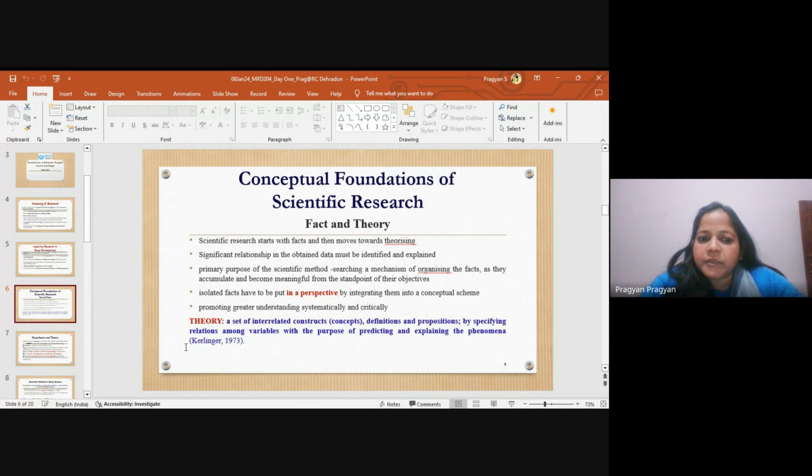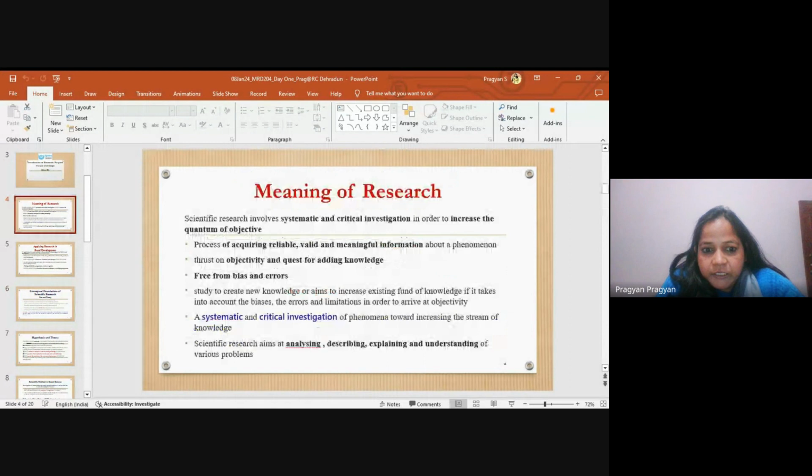There are multiple factors. That is why the primary purpose of the scientific method is to search for a mechanism of organizing the facts. If you can recall, let me get back to the previous slide.